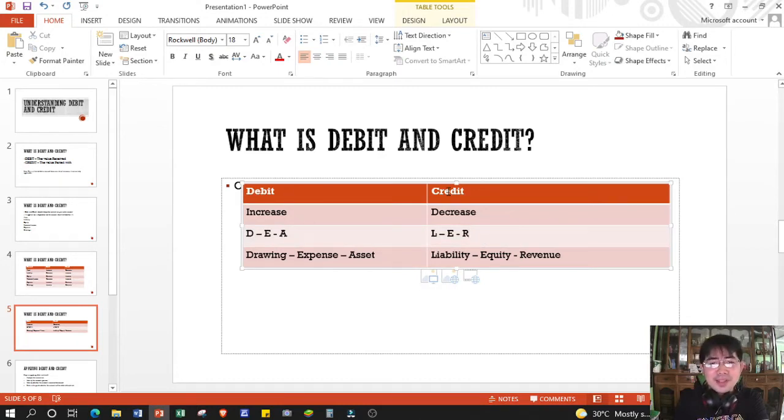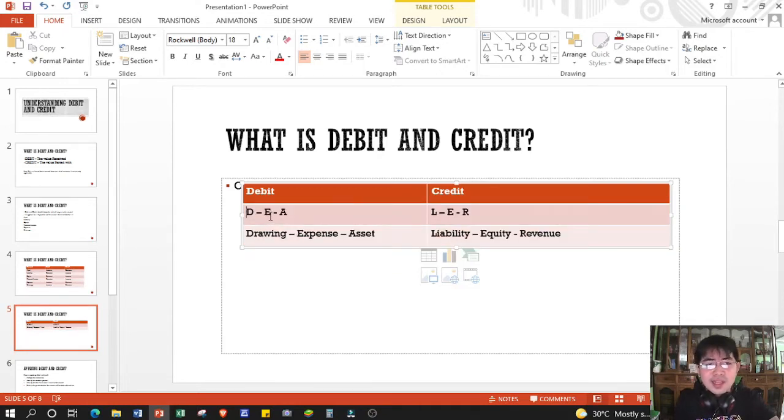So debit and credit, increase, decrease. We have here the three accounts which are increased by debit: the drawing, the expense, and the asset. And sa kabila naman, we have the three elements or accounts increased by credit.